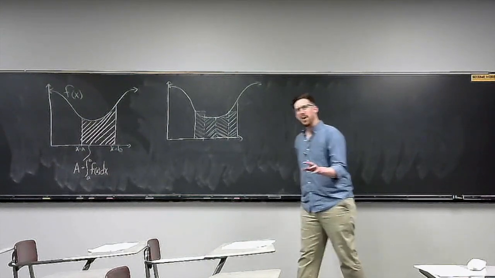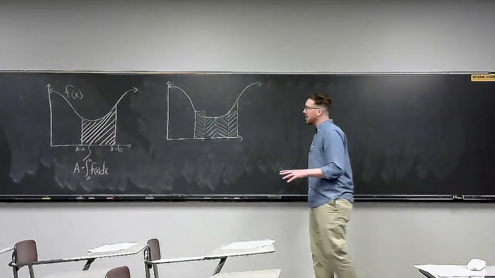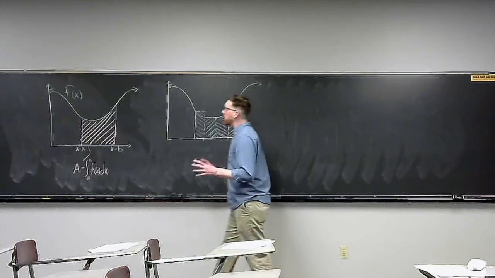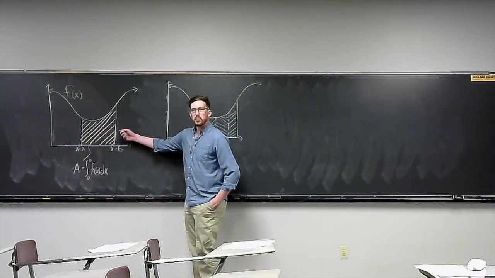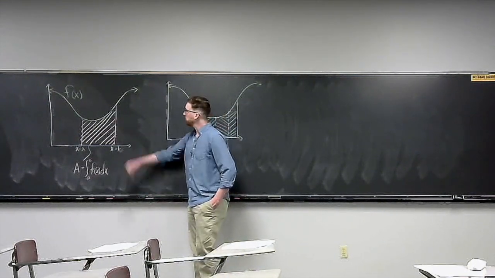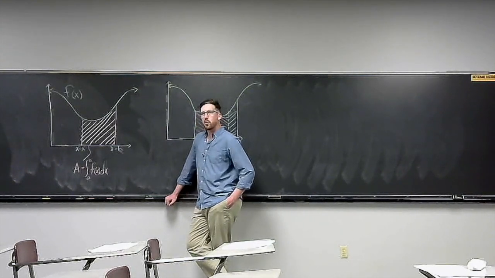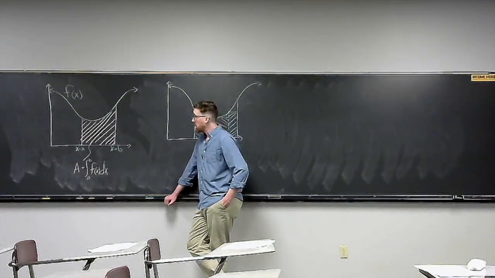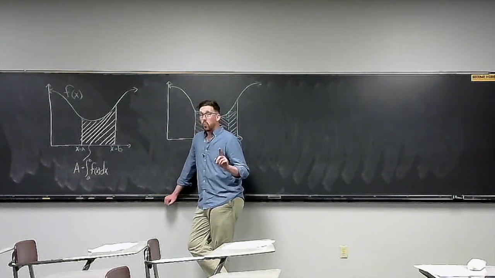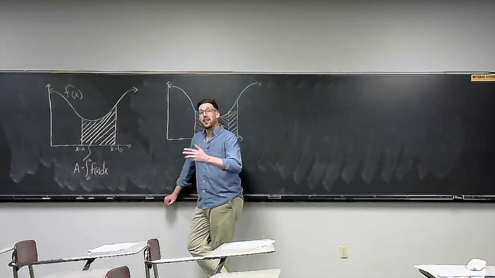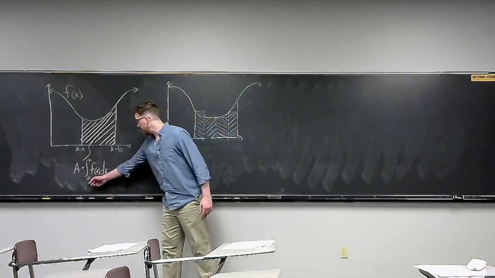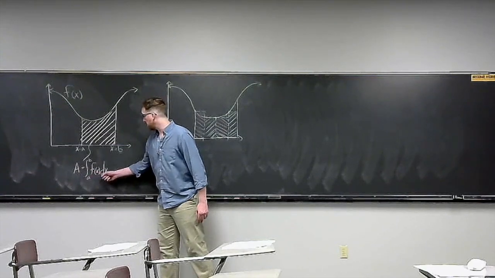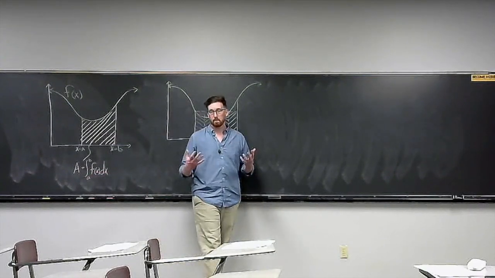Alright, so how are we going to use this? Well, let's start off by imagining we've got this function here. We want to know what the area underneath that function is between x equal to a and x equal to b. Well, first, we could use what's called the definite integral from a to b of f of x with respect to x to find that area.